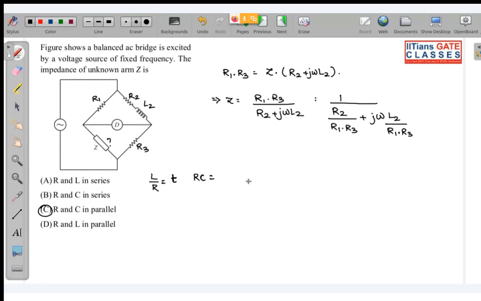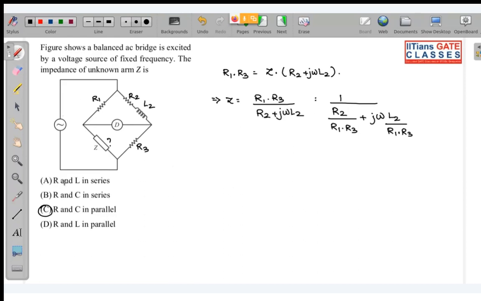This is also time constant. That means these two quantities have the same unit, that is second. Now look at the transfer function of the Z.